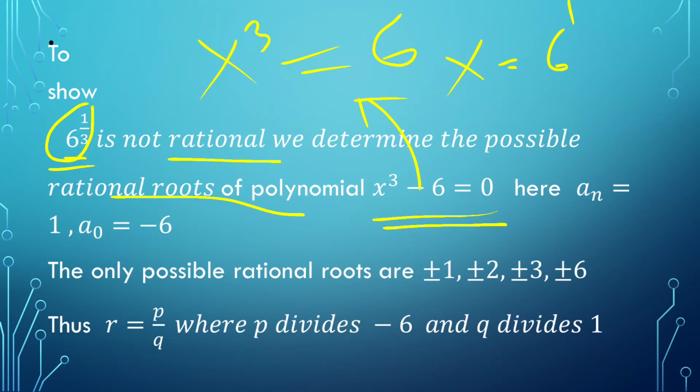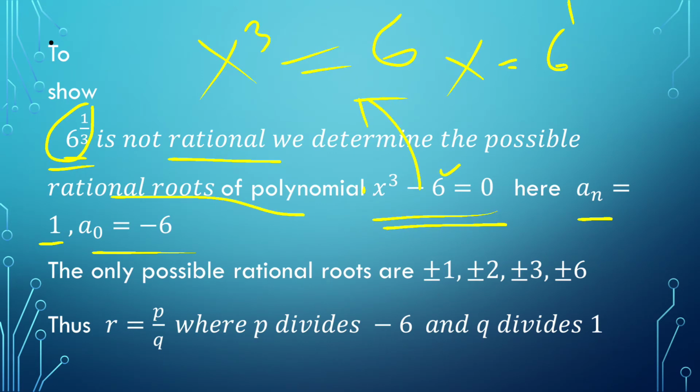So this is now the polynomial that gives us this root. Hence, from here you can see an is actually 1, and a naught is this one.